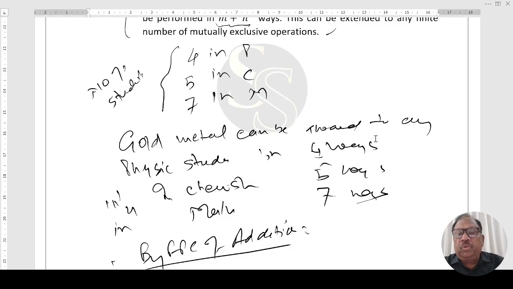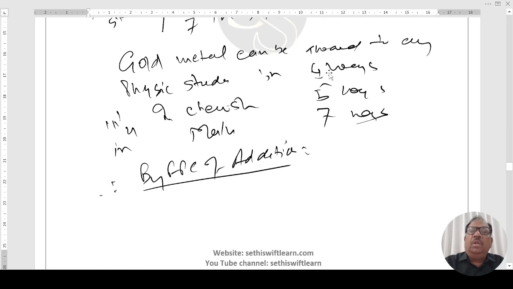If we award to a mathematics student, then the award is complete. Means possible ways are 4 ways for physics, 5 ways for chemistry, and 7 ways in mathematics. In all these cases, it is a complete event. For sub-events, FPC of multiplication is used; for events, FPC of addition is used.